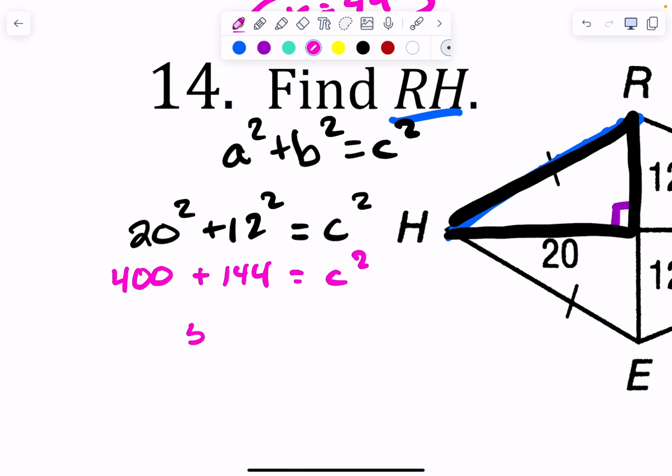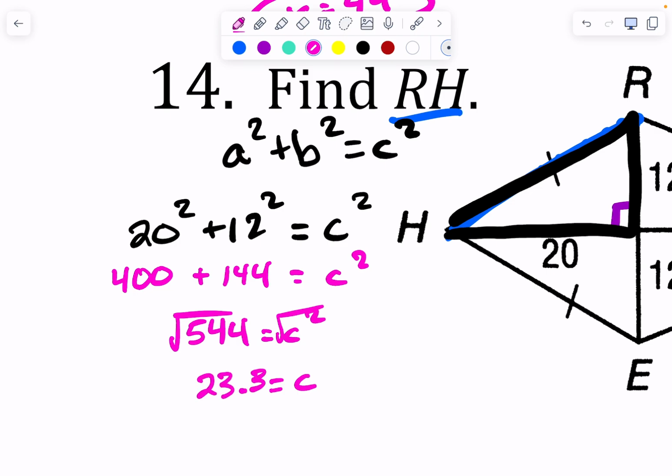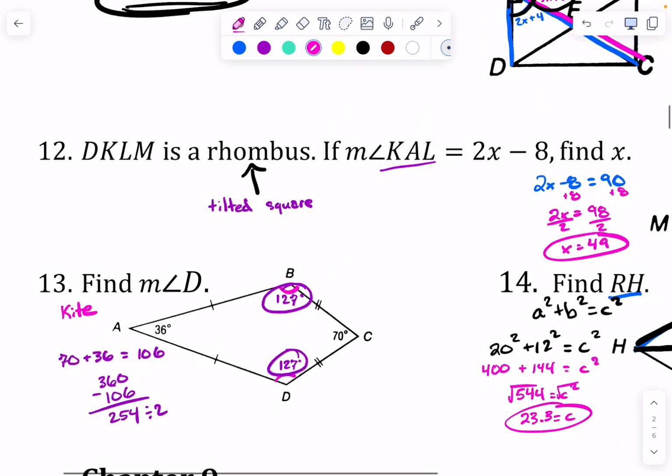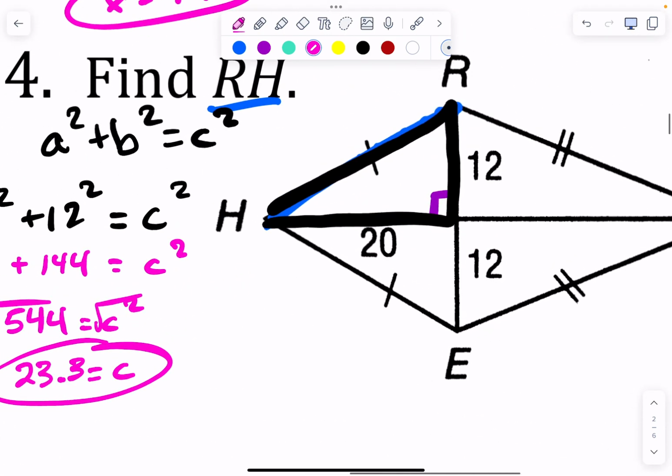And this is 544. Maybe not. The square root of 544 is 23.3. There we go. That's our first decimal that we've had all day. So he's not a perfect right triangle.